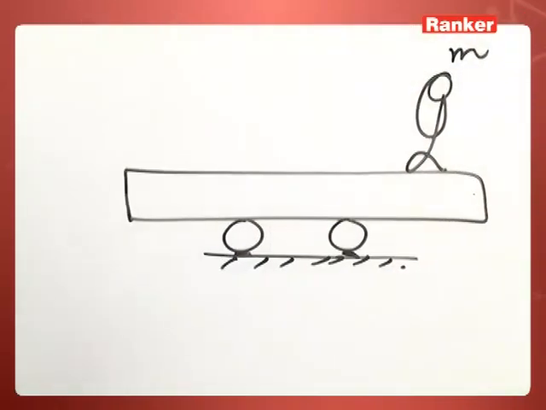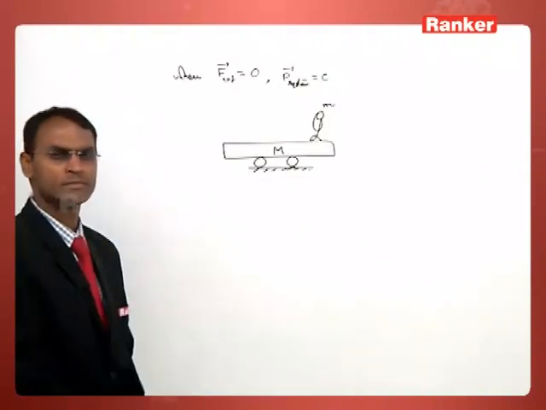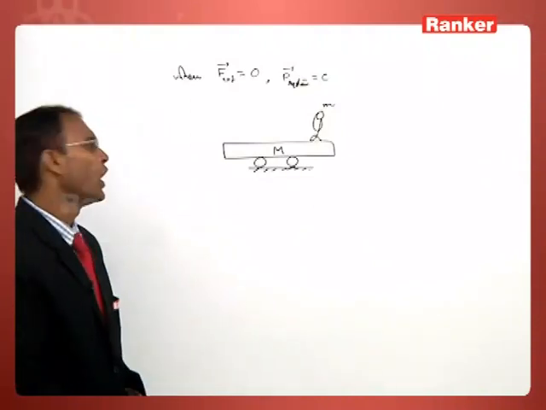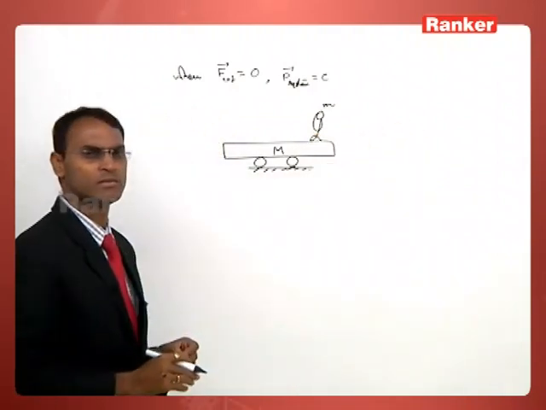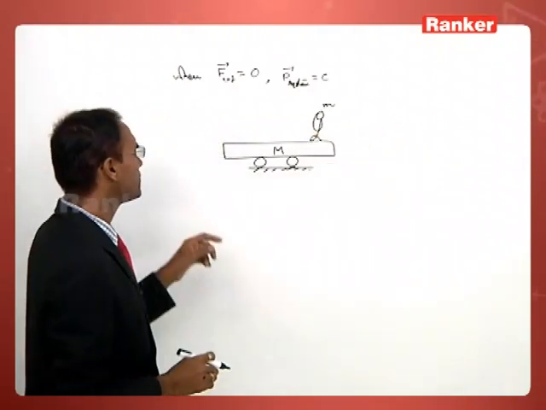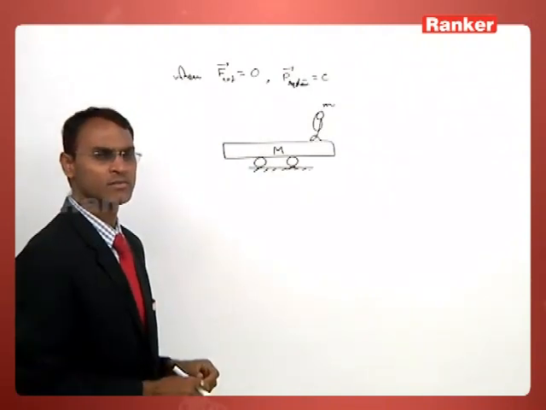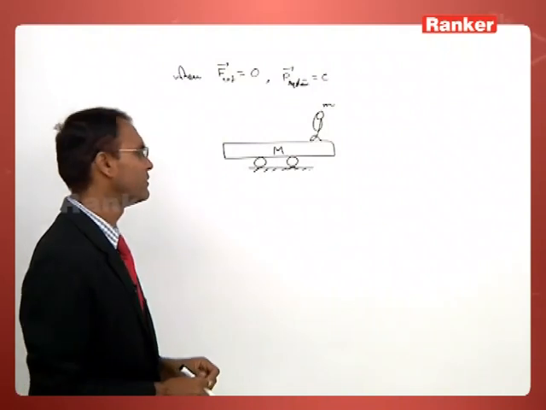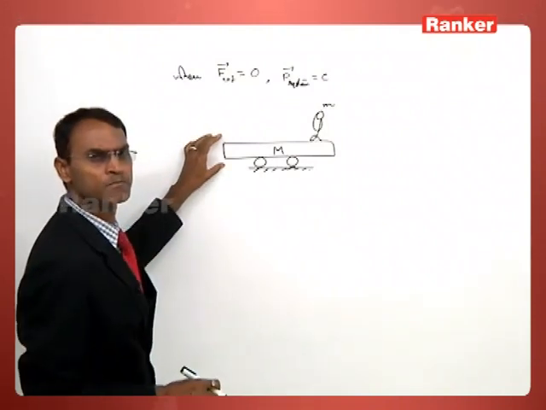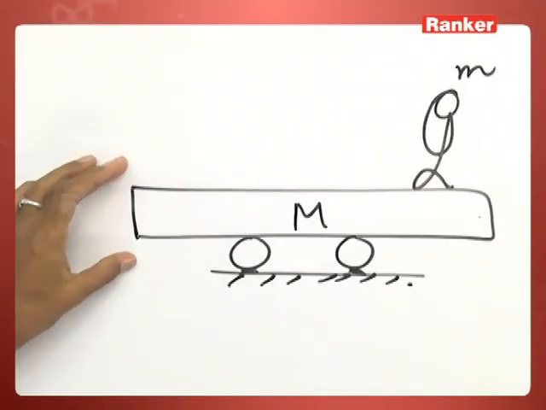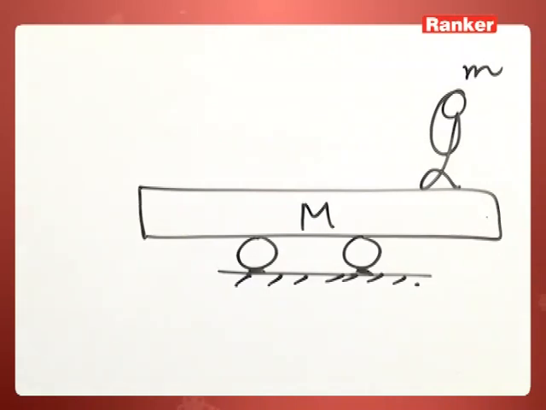Your mass is small m and mass of the trolley car is capital M. If you jump horizontally with the velocity u with respect to the trolley car, we can calculate the velocity of the trolley car by using the conservation of linear momentum.